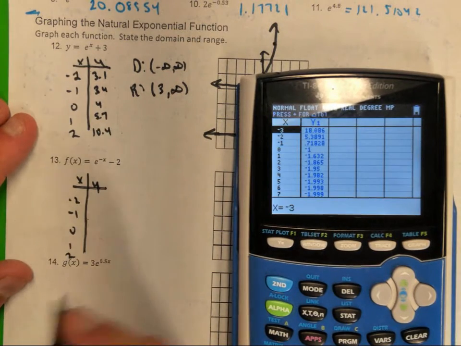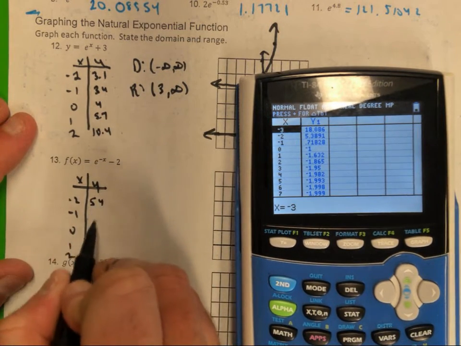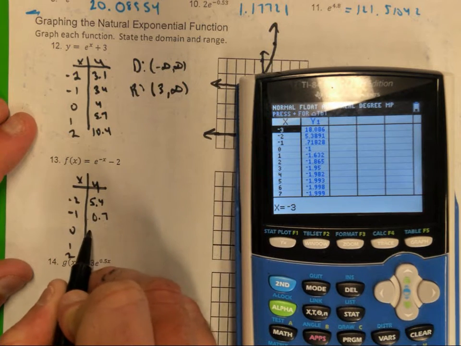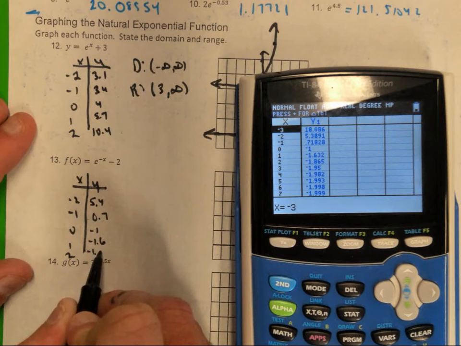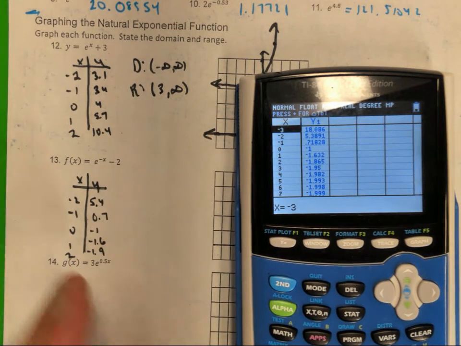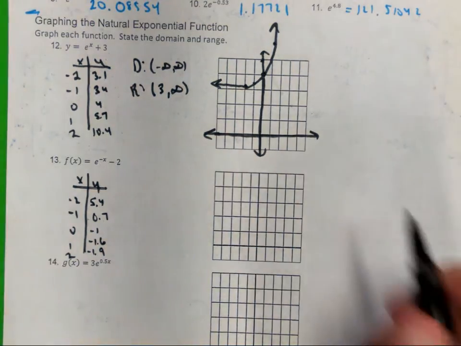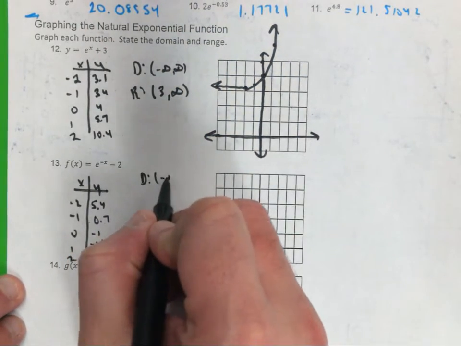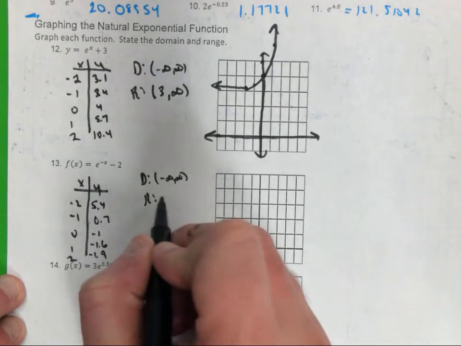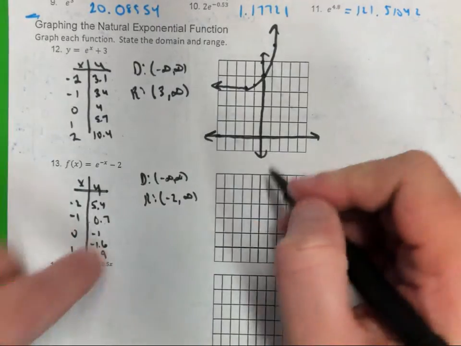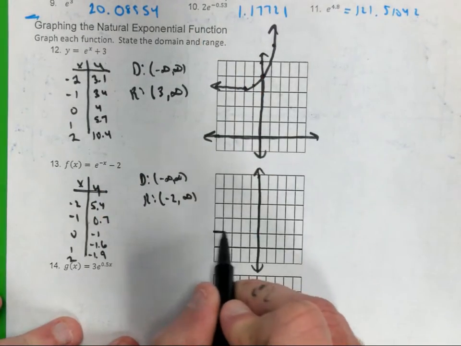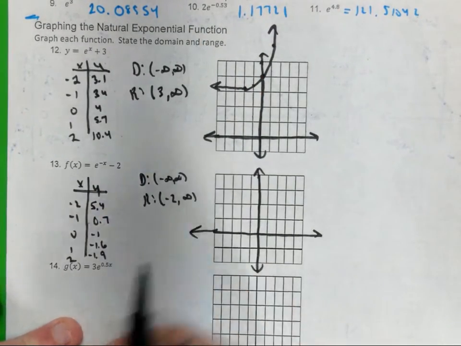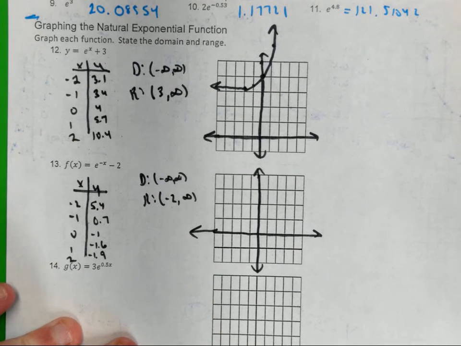Look at my table. Getting very close to negative 2, but it does not touch negative 2. So my domain will be all real numbers. My range will be negative 2 to infinity. Now, if you look at your table, guys, and you start to see negative 2, what happened in the table? The fractions got so small that it just eventually rounded to negative 2, but in fact, it never did touch negative 2.